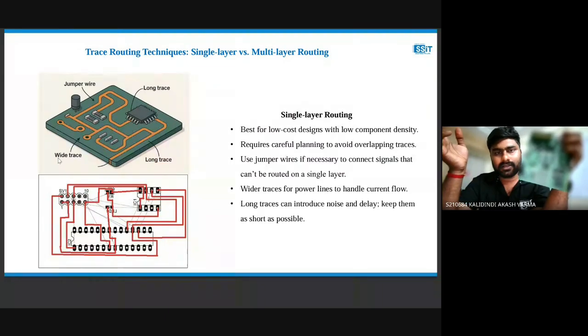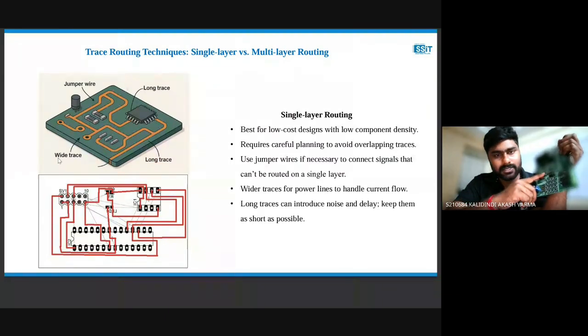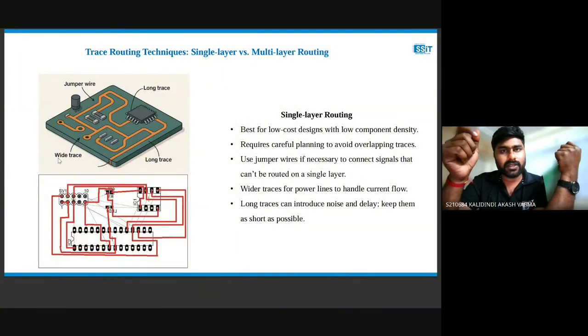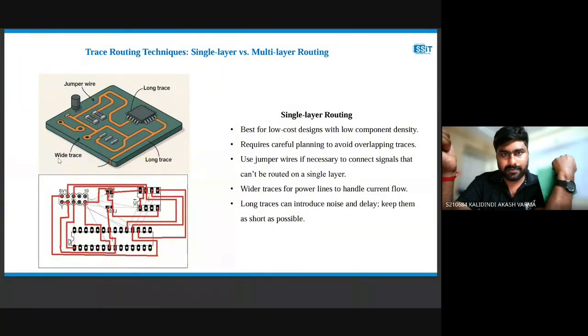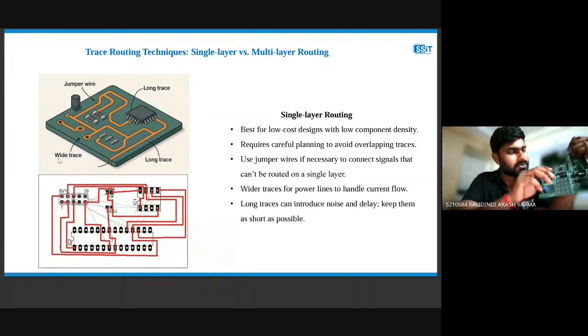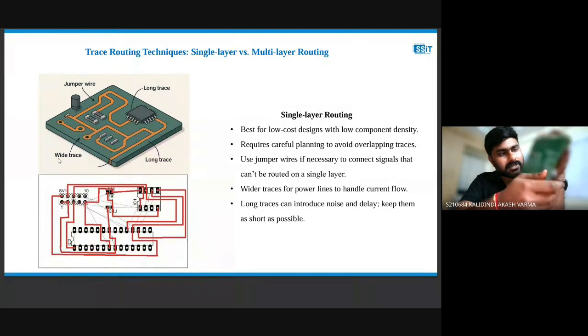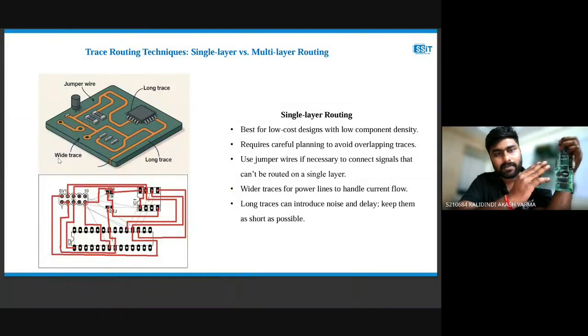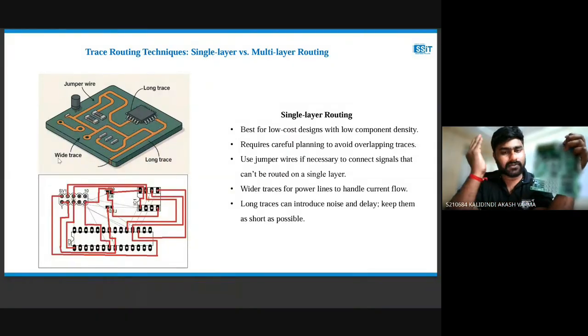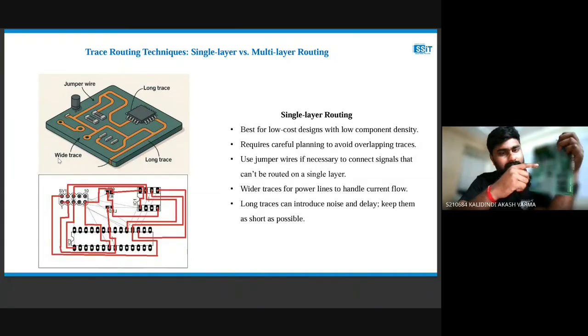If you're going for a single-sided PCB, the cost will be low, but the signal immunity will be destroyed, because we should keep tracks as short as possible. If you place these components on the top side only, the size of the PCB will go high, and then the track length will be increased, which is an undesired condition.